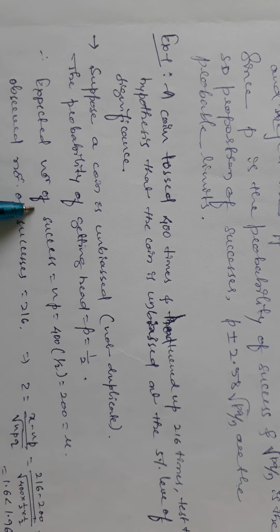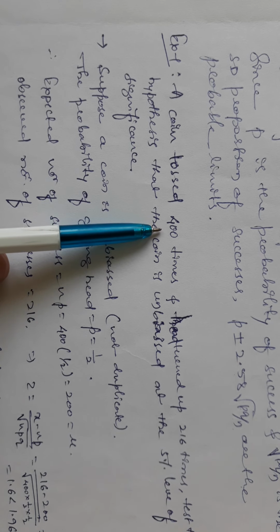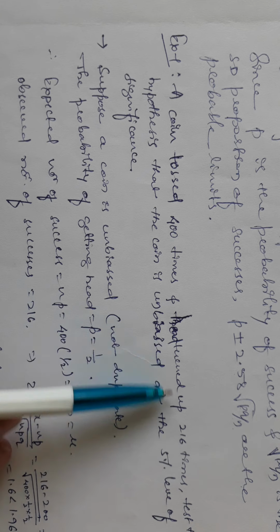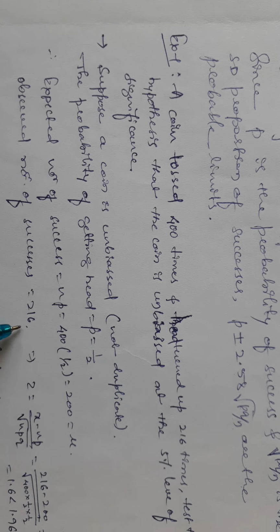Therefore, the expected number of successes is n times p. Here n is 400 and p is 1 by 2, therefore 200, that is mu. The observed number of successes, that is heads turned up, is 216, that is your x value. Therefore, we have the formula z equal to (x minus np) divided by the square root of npq.